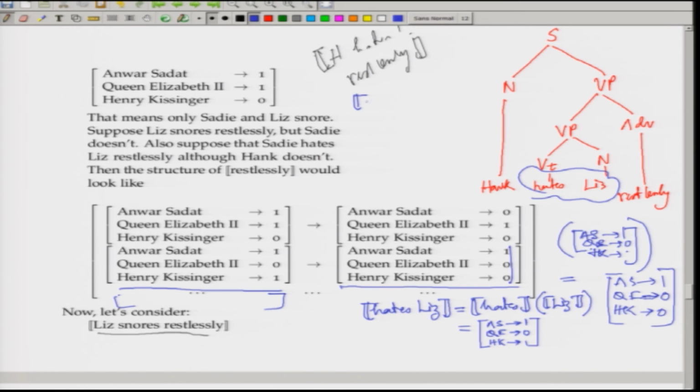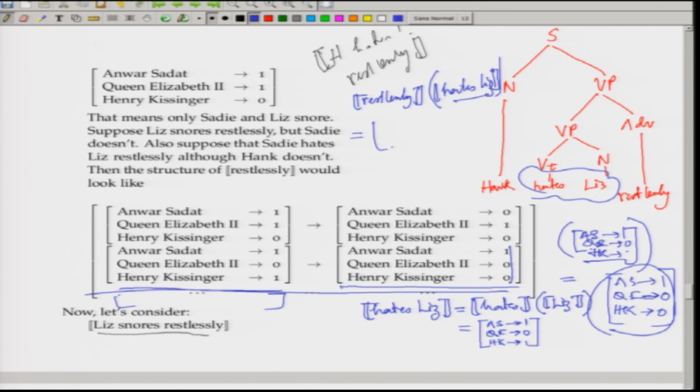It will be restlessly and hates Liz. Restlessly is the entire function, and this gets hates Liz, which is this function. The result is this function. We just copy paste it. That is AS 1, QE goes to 0, HK goes to 0.